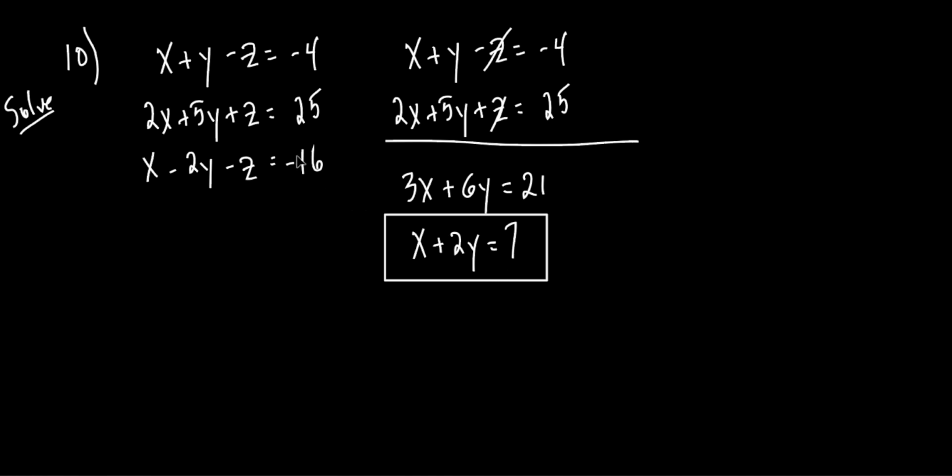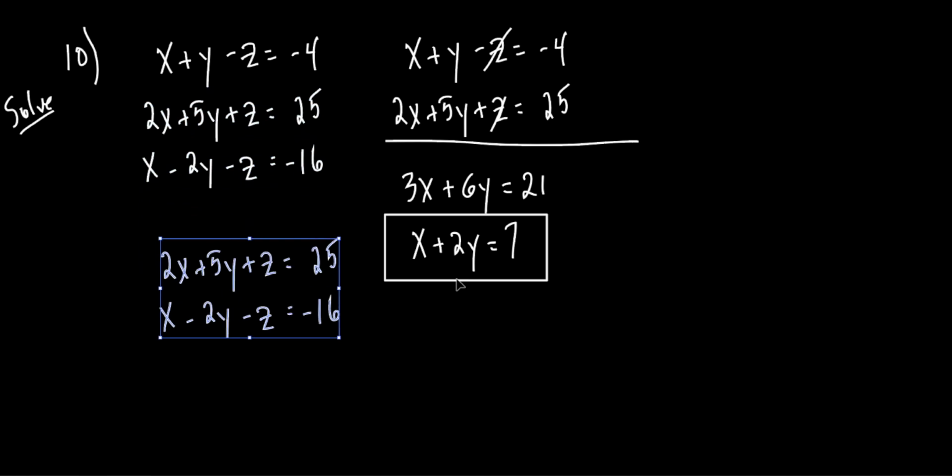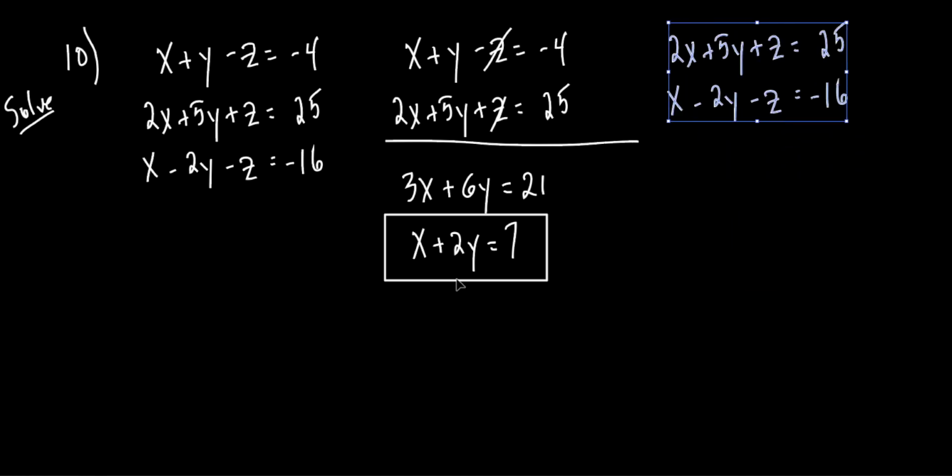So I think, personally, just taking these two, let's move this over here. I would just do this again. You could get x by itself and then plug it back into something else, and you're not wrong, but I just think this might possibly be a little easier.